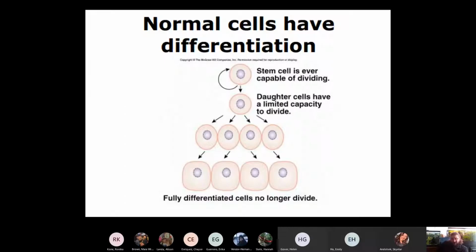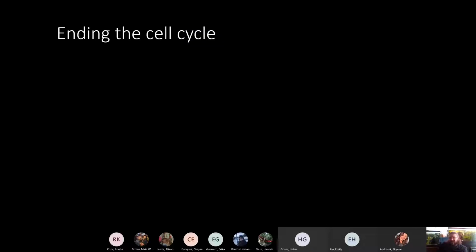Okay, so we've talked about how we get through the cell cycle, how we start it and stop mitosis. Now let's talk about just completely ending the cell cycle. So remembering that the cell cycle is the life cycle of a cell. Normally, that goes interphase to mitosis and you start over.